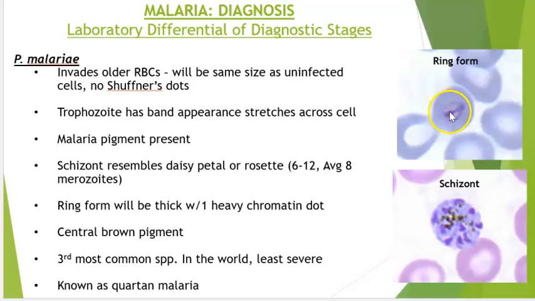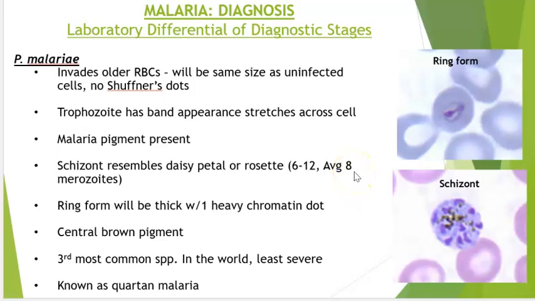You can see the little band here. The malaria pigment is present. The schizont resembles a daisy petal or rosette. And here's the schizont pattern. And you'll have anywhere from 6 to 12 merozoites, but the average is 8.